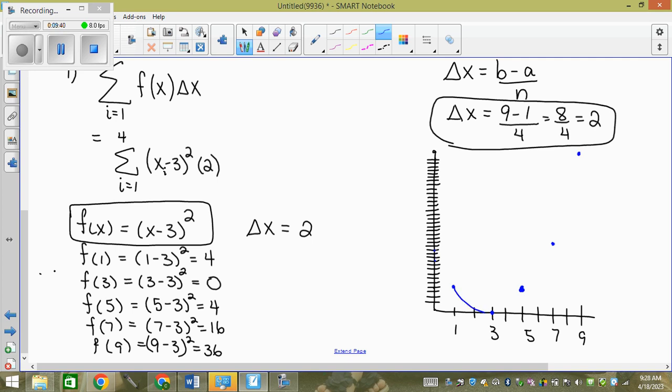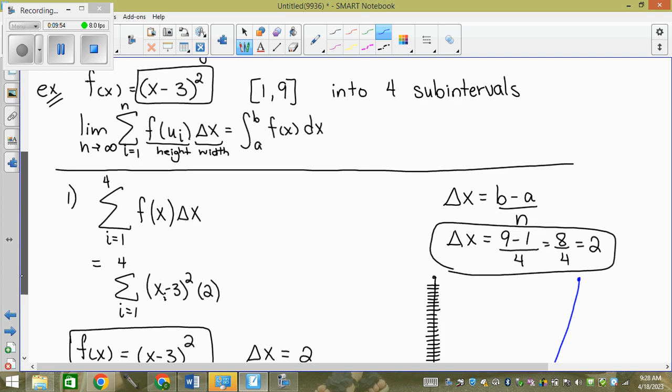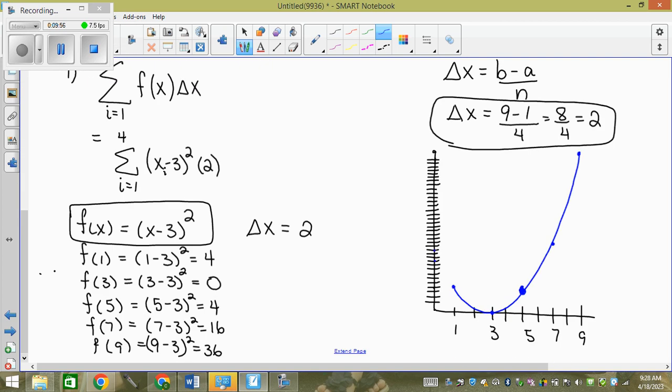So we have something curving relatively like that. Did I do left or right first? I can't remember. Left.